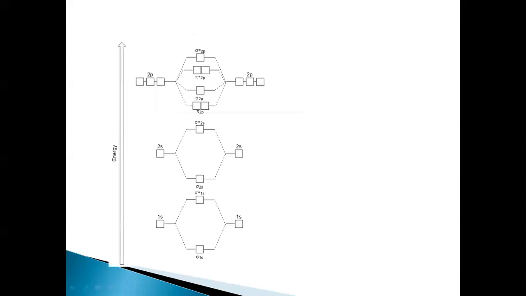Let's come to the orbital energy diagram of N2 here. For N2, the atomic number is 7 and the number of electrons is 7, so 1s2, 2s2, 2p3, and here also 1s2, 2s2, 2p3.